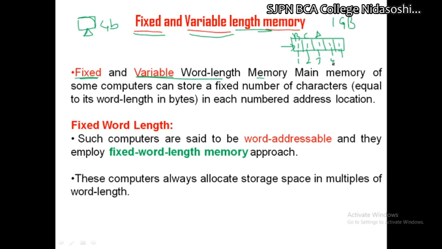Okay, so it may be fixed, it may be variable. Every memory contains address locations to identify the data, the location where we store the data, right. So what do you mean by fixed word length? Fixed word length means such computers are said to be word addressable.